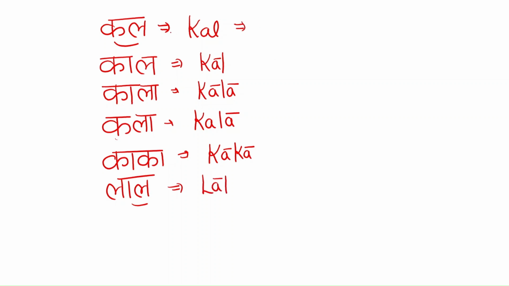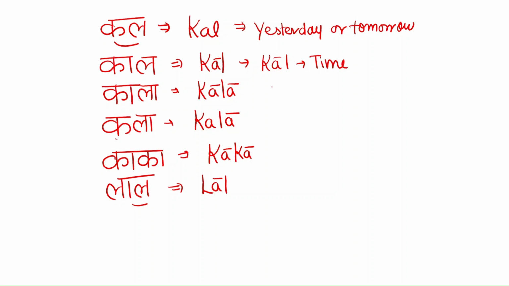Let's revise. Kal. Kal is yesterday or tomorrow, it is time. Kala. Kala is the color black.